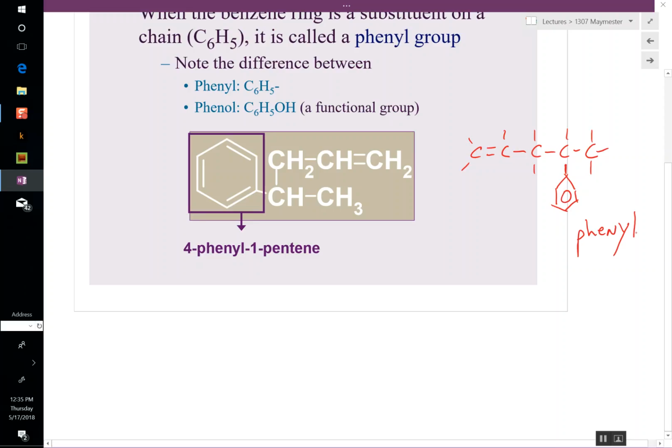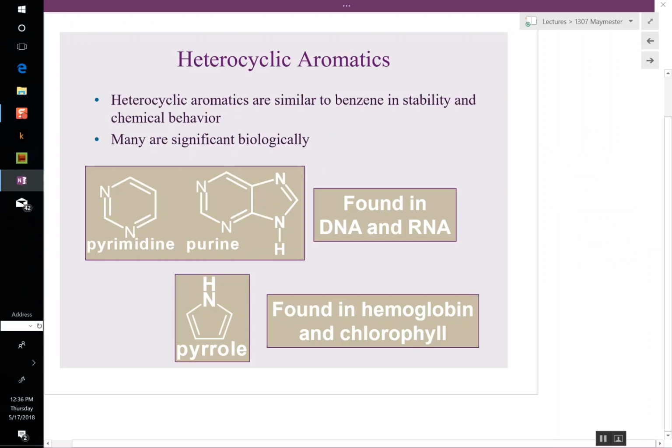When a benzene ring is attached as a substituent, you remember all of your substituents end in YL. Methyl, ethyl, isopropyl, butyl, tertiary butyl, phenyl. We now have phenyl. And that's what you call it when there's a benzene ring as a substituent in an organic compound. See that down there? It says you got another substituent, it's called phenyl.